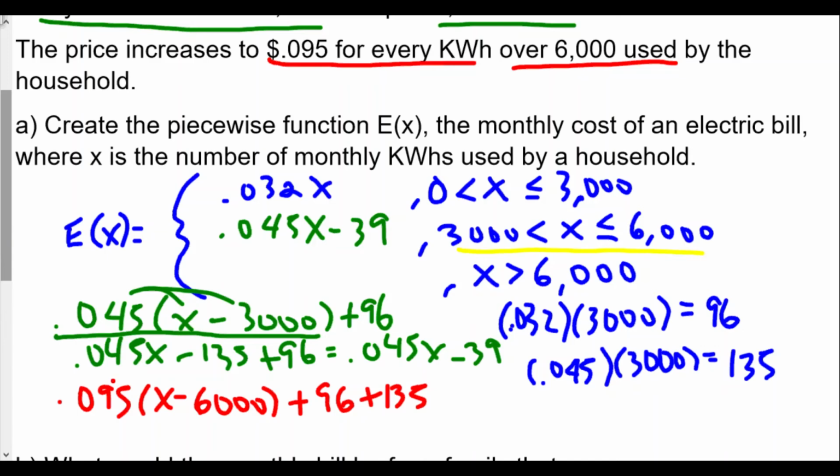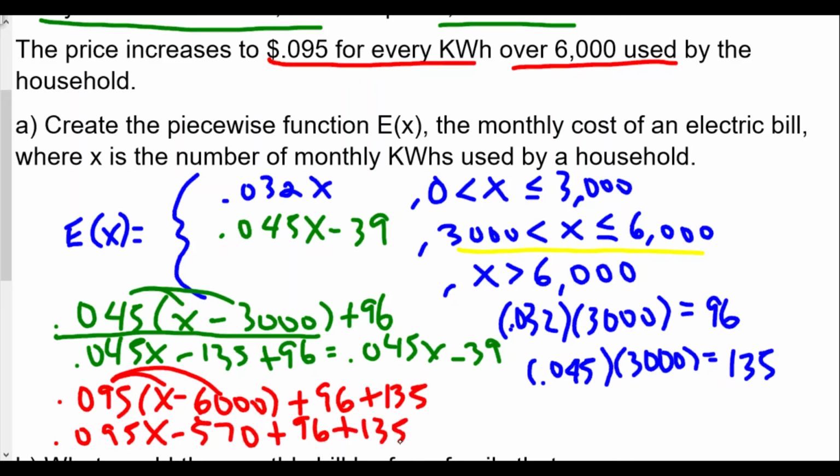So we get 0.095x minus 0.095 times 6,000, which is 570. We're adding 96 and 135. And if you add it all together, you get 0.095x minus 339.